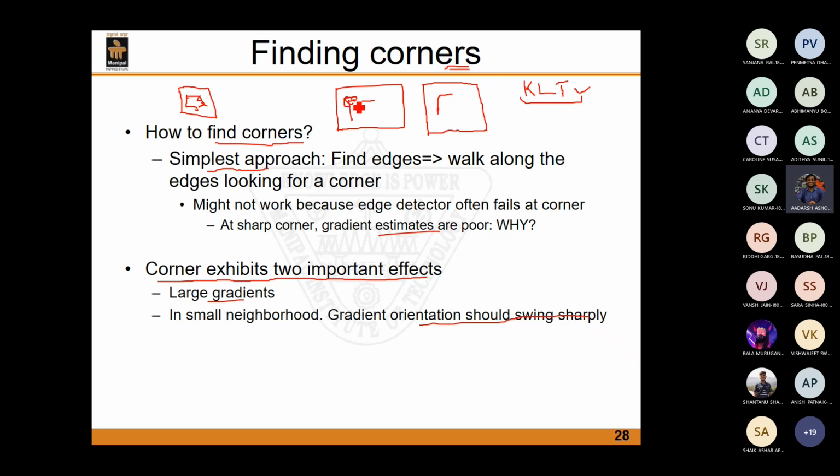And another property that we will notice is that it will have two or more directions, or directions which are swinging sharply. That means there is a large difference in the directions of the gradient also. So making use of these two important properties of the corners, we can try to see how the Harris corner detector would help to detect the corners.